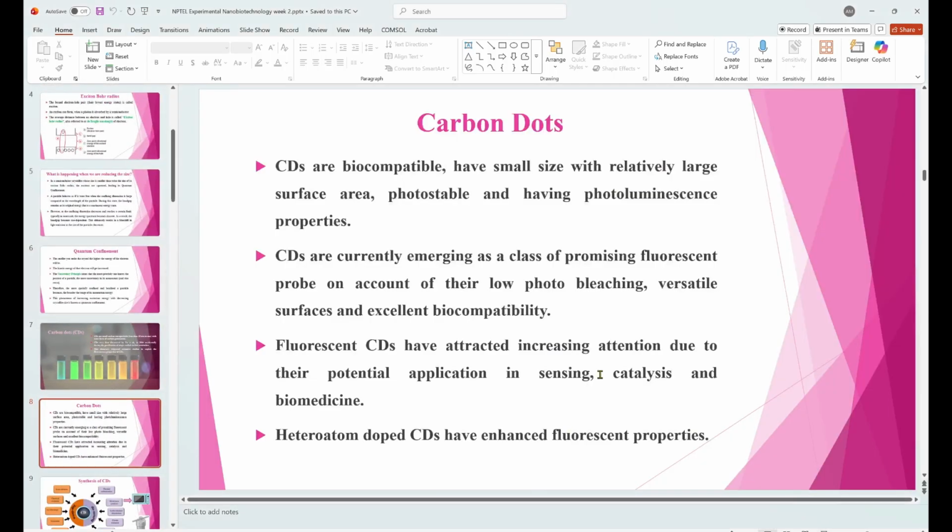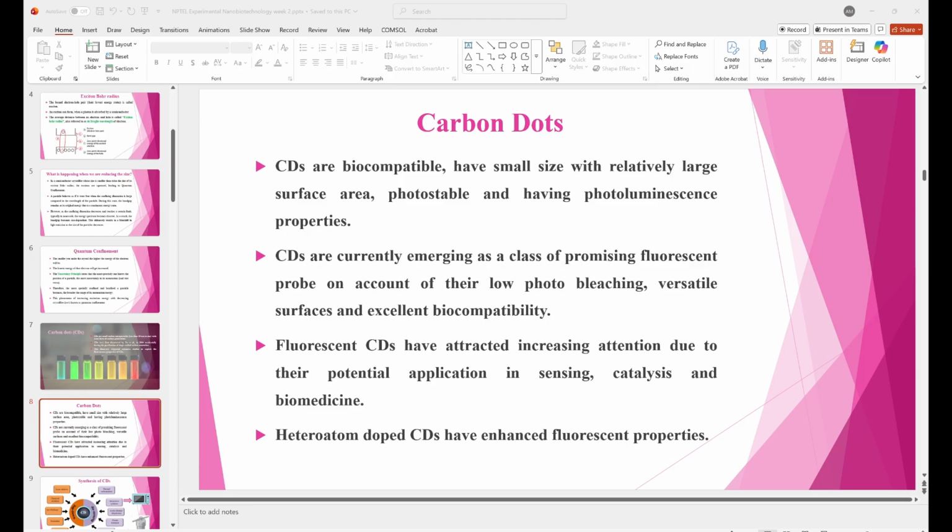What is the biggest application of carbon dots in biotechnology? You can track drugs, you can do bioimaging, and another thing you can do is sensors.